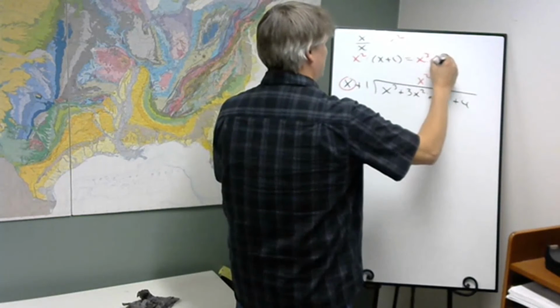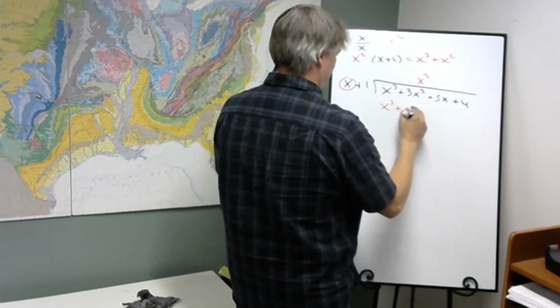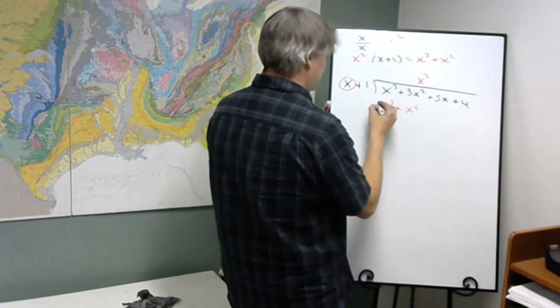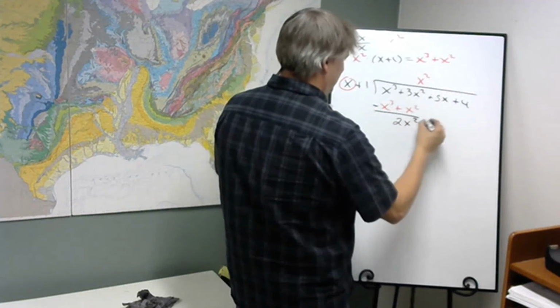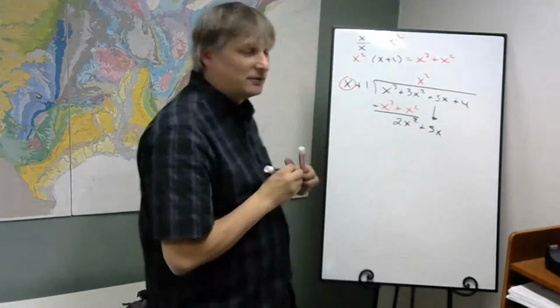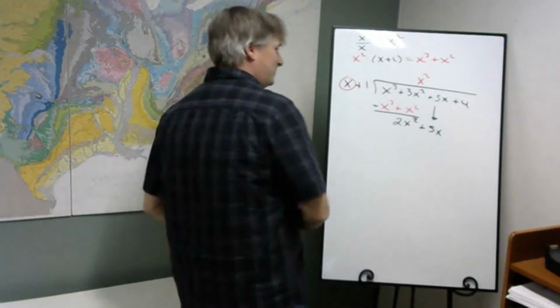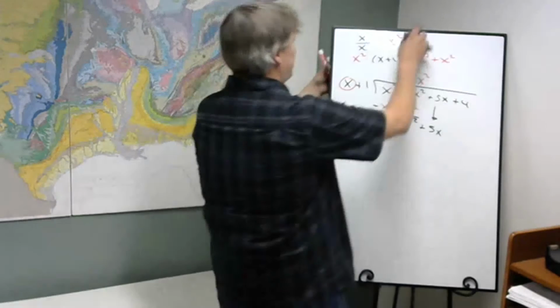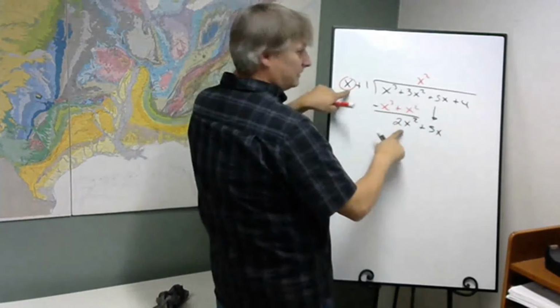x cubed plus x squared. We'll get 2x squared. Bring down the plus 5x. All right. So that's our first cycle of division. Again, lead terms.